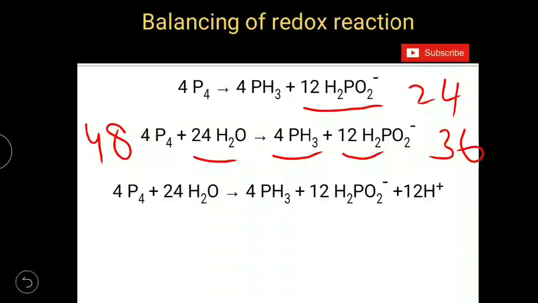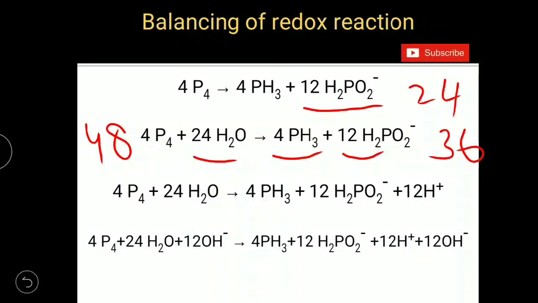But the reaction takes place in basic medium, not in acidic medium. So that's why you should not have H+ ions in it. You should have OH- ions. So to cancel these H+ ions, I'm going to add the same number of OH- ions on both sides. So I'm going to add 12OH- on both sides.